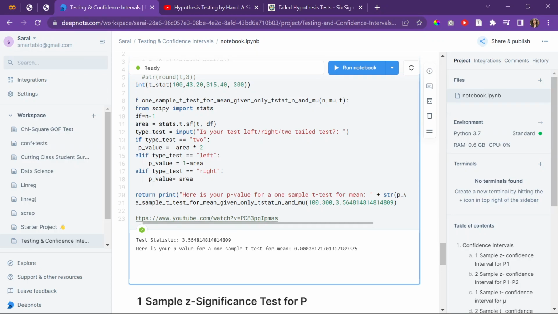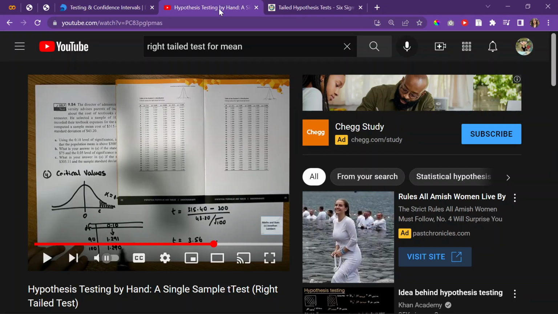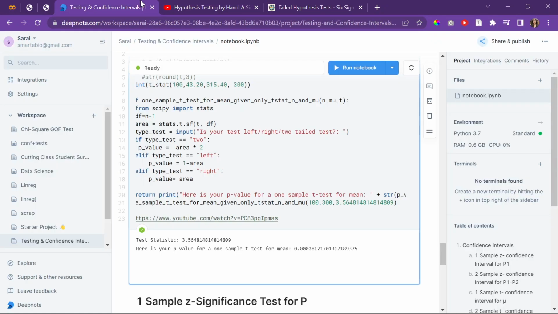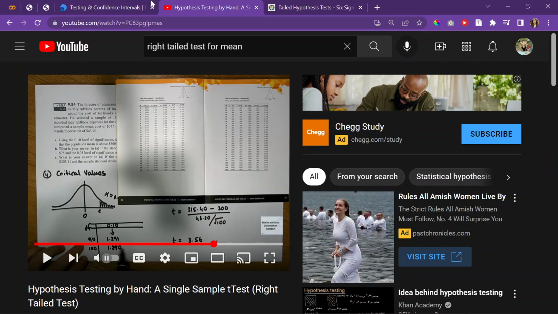I'm not even sure what I'm doing anymore. It is less than 0.05. It's definitely less than 0.05. So that means we reject H0 and have convincing evidence for HA. Oh, this is horrible. What if I just search it up?